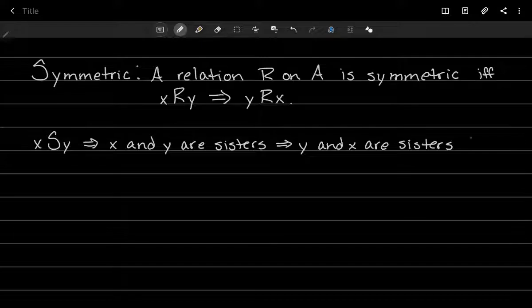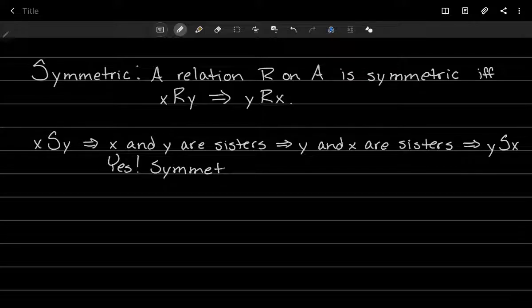But if y and x are sisters, then y is related to x. So the sisters relation actually is symmetric. If x and y are sisters, then y and x are sisters. So that one is symmetric.